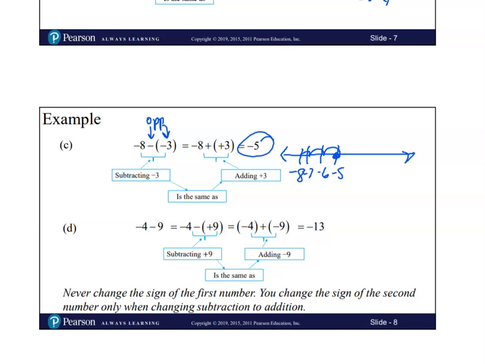Okay, so if we have -4 minus 9, you could rewrite this as -4 minus a +9, or you could say -4 plus -9. Think about this one. We're already at -4 on our number line, and we're going to have to go back 9 times. So 1, 2, 3, 4, 5, 6, 7, 8, 9 times.